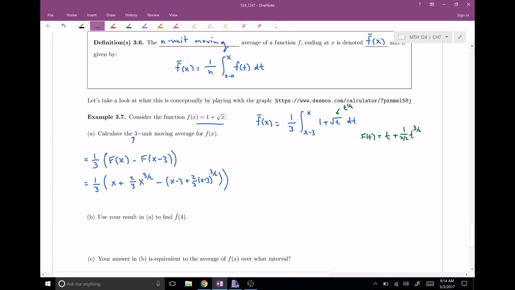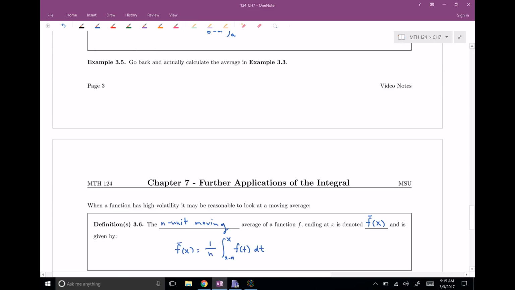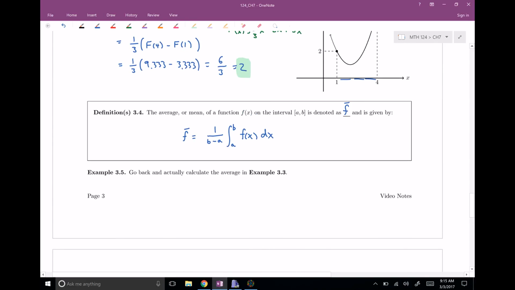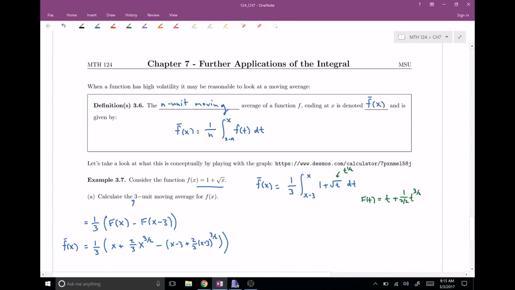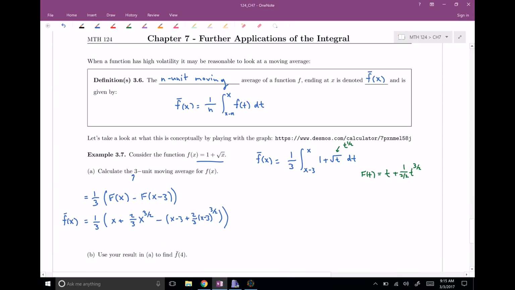So this is the 3-unit moving average of f of x. So this again is f bar of x. And that's it. That's all there is to it. It is a function. That's why it has the x's in it. It's not a number. That's the big difference between this one up here, the average or the mean, which is a number, like 2, versus the n-unit moving average, which is a function itself.